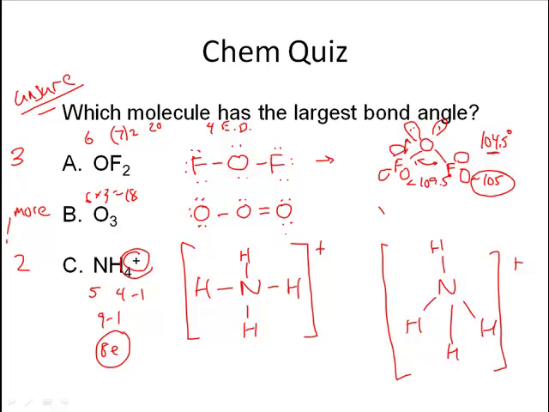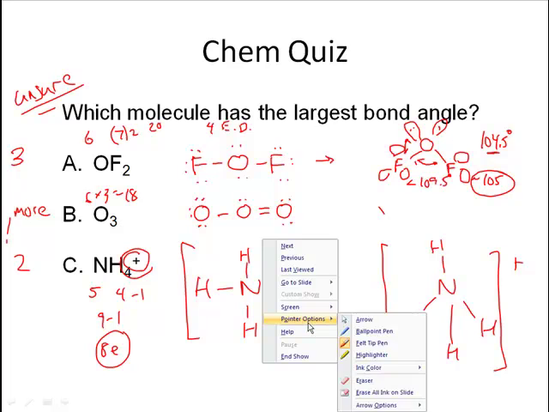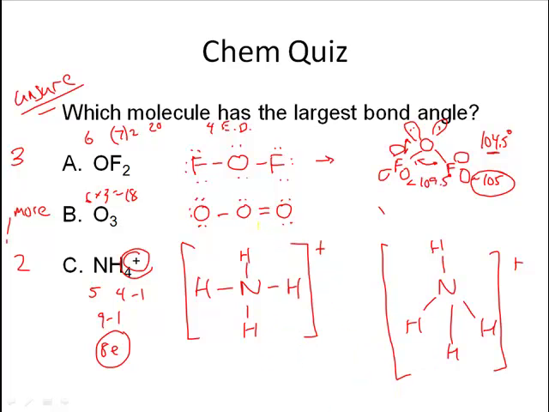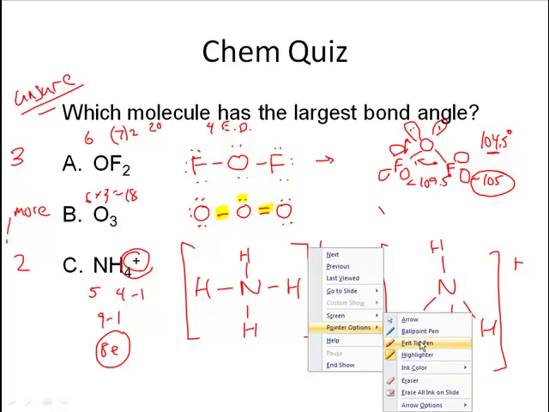O3 again has resonance structures, but each one of these now has 8 electrons around it. 2, 4, 6, 8, 10, 12, 14, 16, 18. I did do the right number of electrons. But this shape has how many electron domains? 1, 2, 3. 3 electron domains.